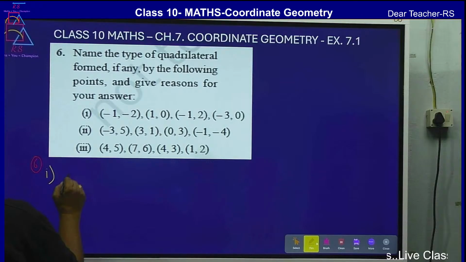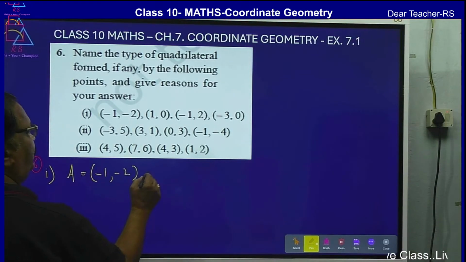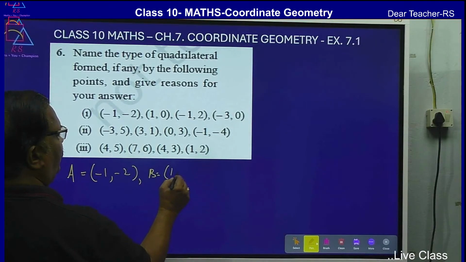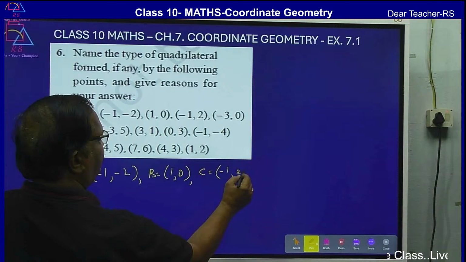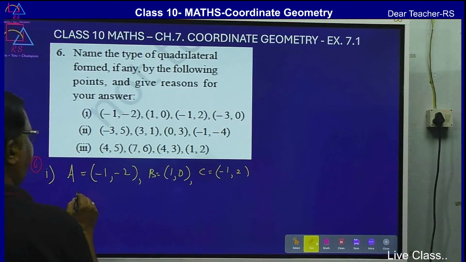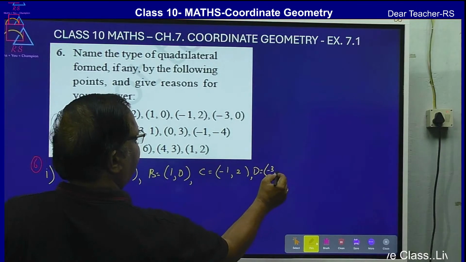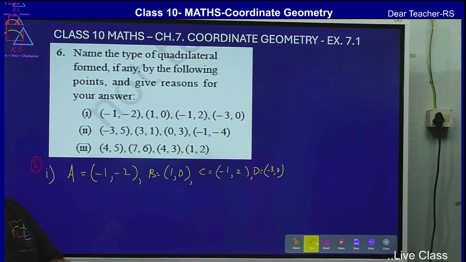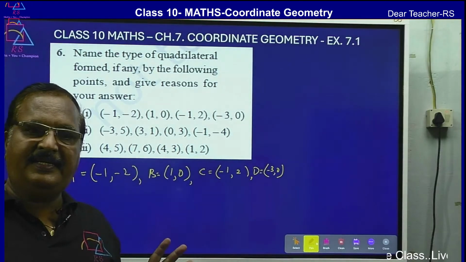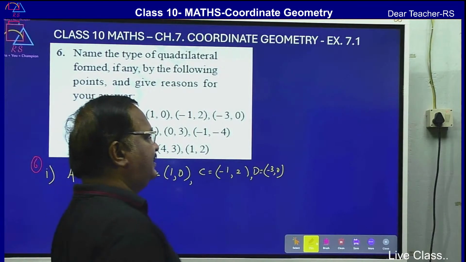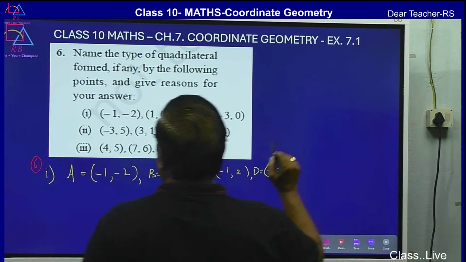A is (-1, -2), B is (1, 0), C is (-1, 2), and D is (-3, 0). So these are the 4 points given, and the quadrilateral ABCD will be formed.